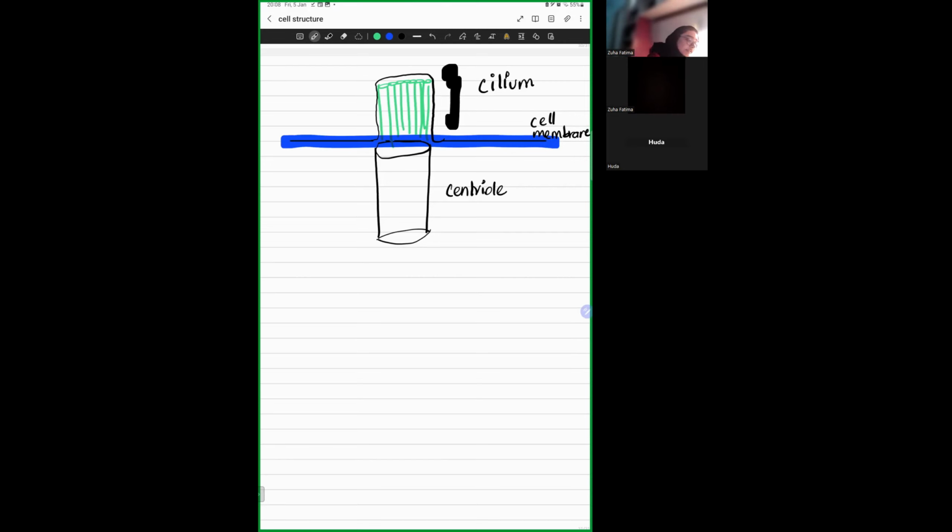The region beneath the cell membrane, lying under the surface, is termed the basal body. And the outgrowth, the thing that is projecting out of the cell and is also being covered by the cell membrane, that projection is known as the cilium.